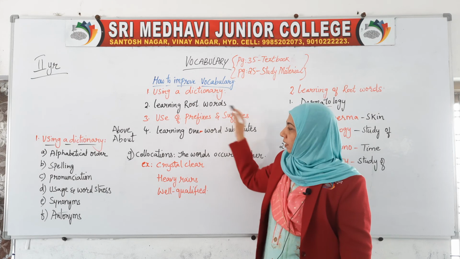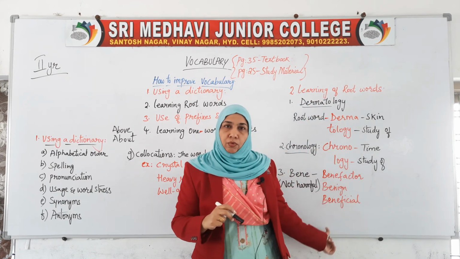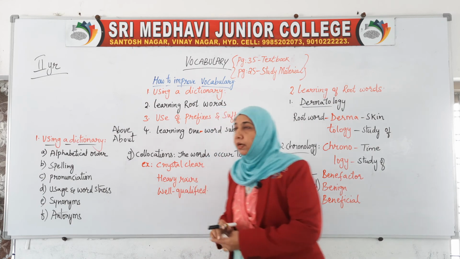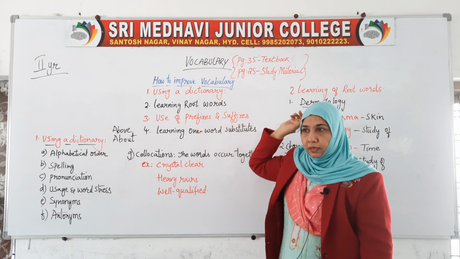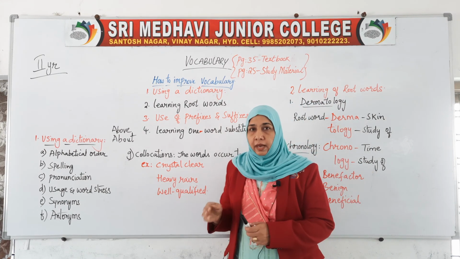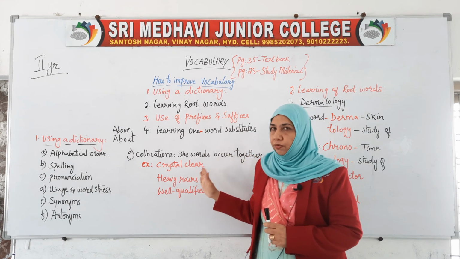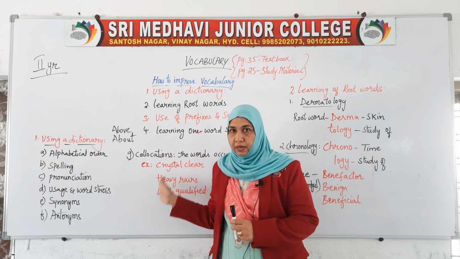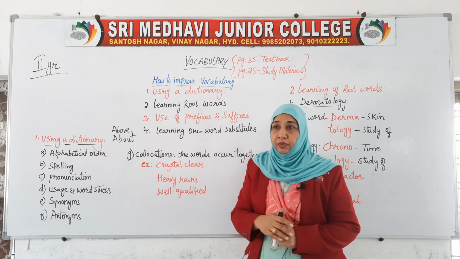Now next is the learning of root words. We have got a few root words, and many are there in your reader as well as in your study material. The page numbers are written, check them out once so you can get an idea and get the practice. It is an important part of your examination paper from the grammar section after punctuation.